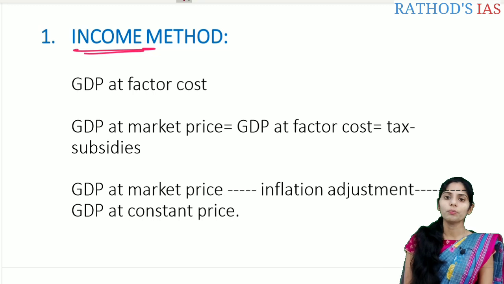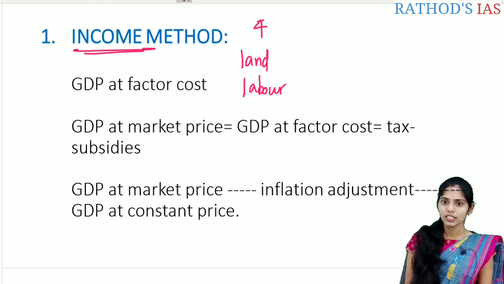Let's go back to the factors of production. We know there are four factors of production. The first one is land, second one is labor, third one is capital and the fourth one is entrepreneur.